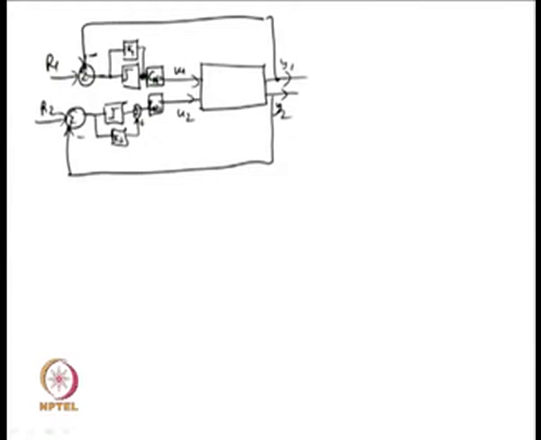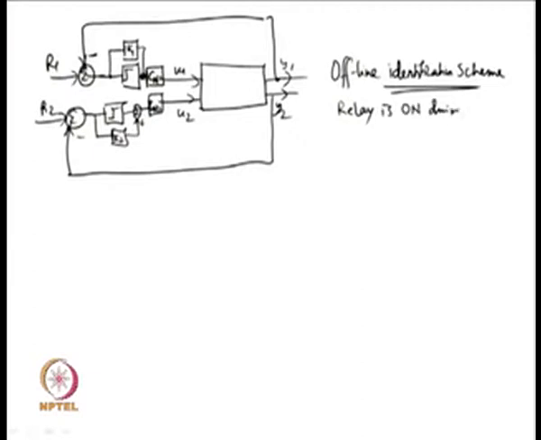So, this is how we get an offline identification scheme, where the modified relay is on during identification, whereas it is switched off during normal operation of the decentralized control system.